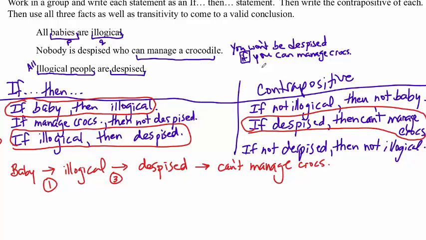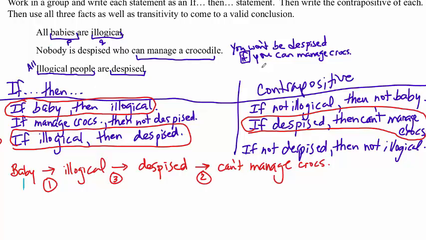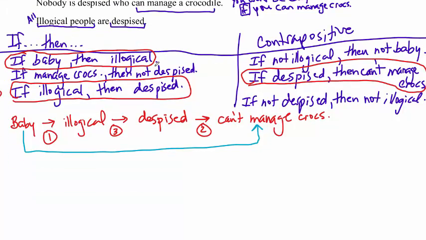Okay, so that came from statement 2. So now we've used all 3 of the premises, and now to write our solution to the logic puzzle, our valid conclusion that uses all of the statements, we need to say that if you're a baby, then you can't manage crocodiles.